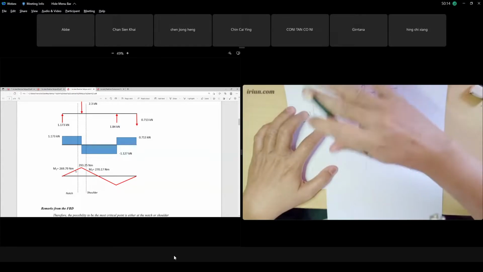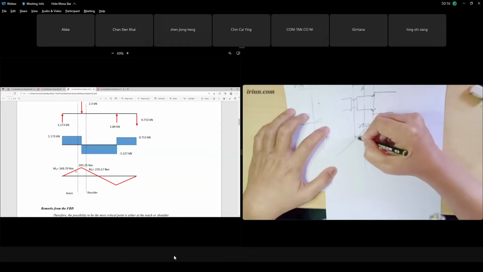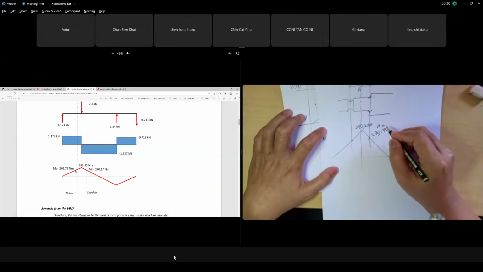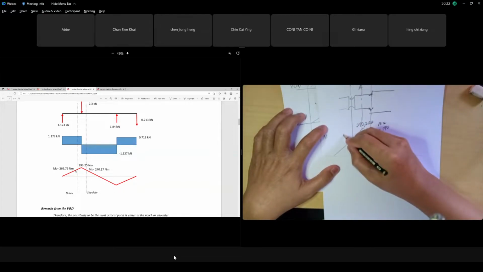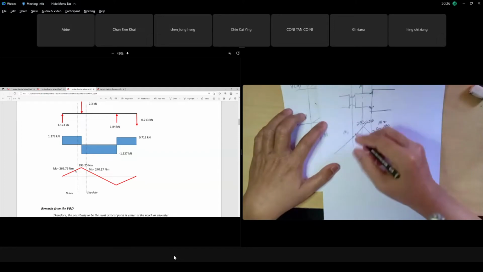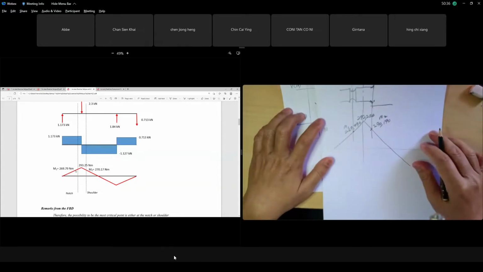Can you see my video, okay. To your left, for your groove location, this is M2, and this one is M1. M1, by theorem Pythagoras by distance, because this is 20 mm to the right, you can get your M1 is 269,790 Newton millimeter. Clear, class?